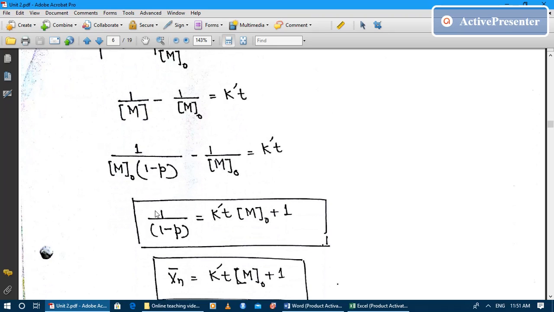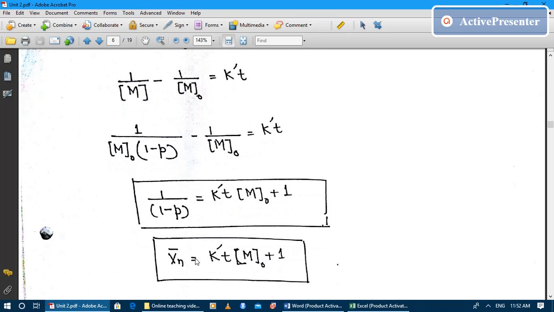So my final equation will be 1 over 1 minus p is equal to K dash T M naught plus 1. And here we know that this 1 over 1 minus p is xn bar. So xn bar is equal to K dash T M naught plus 1.